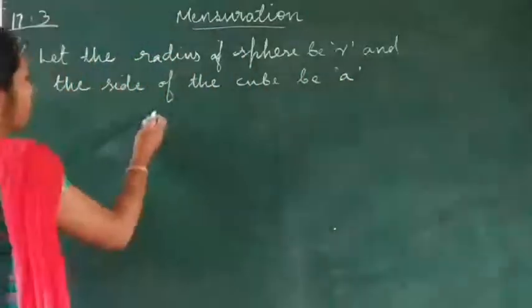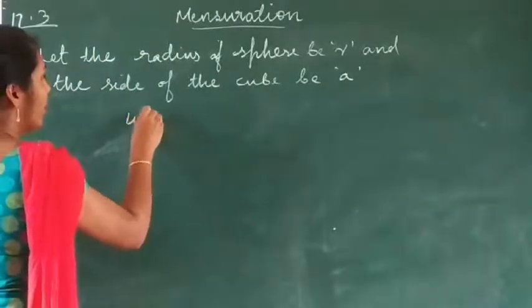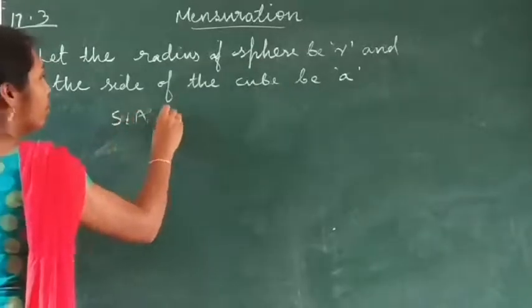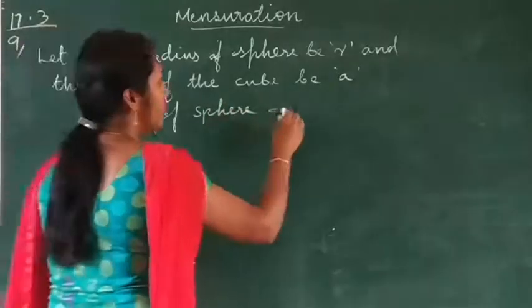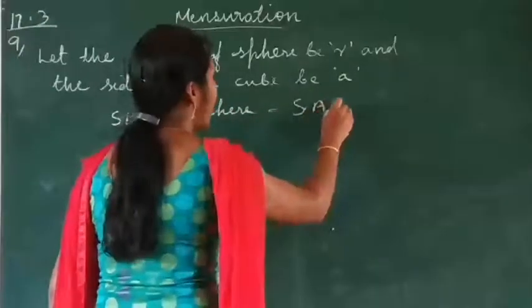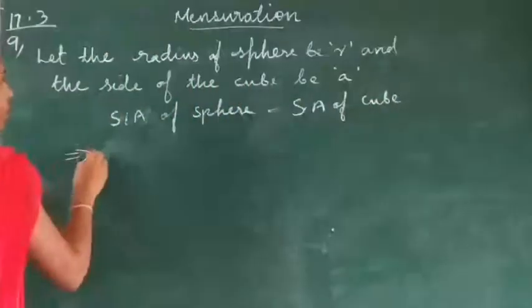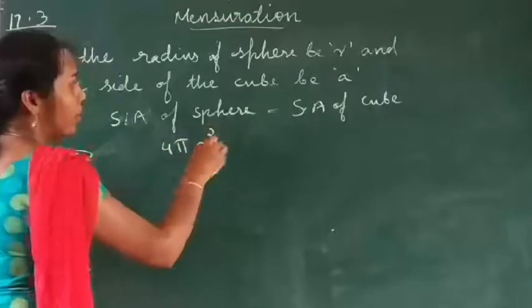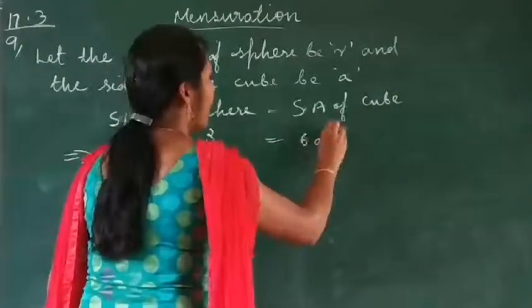That means we can write surface area of sphere is equal to surface area of cube. That is surface area of sphere, that is 4 pi r square, is equal to surface area of cube, that is equal to 6a square.